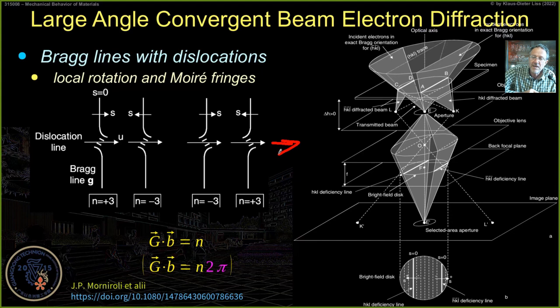And in the strain field of the dislocation line, first of all we see a bending. The bending, the reorientation of the dislocation line, is due to the reorientation of the local lattice around the dislocation line.